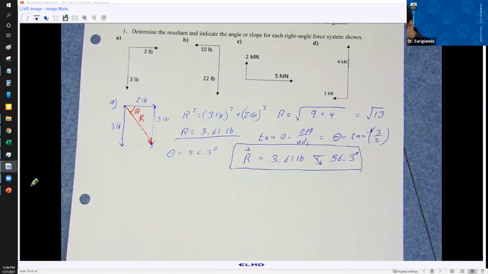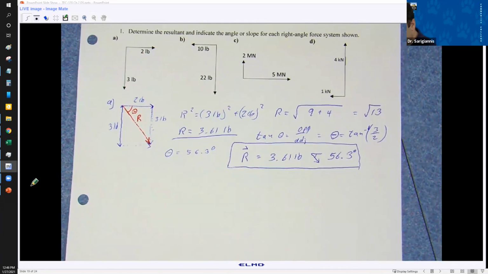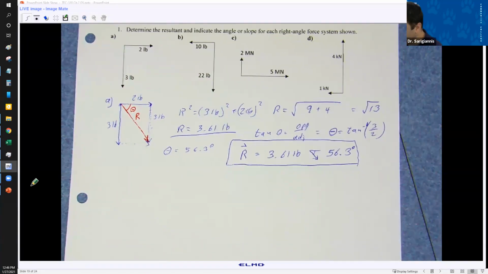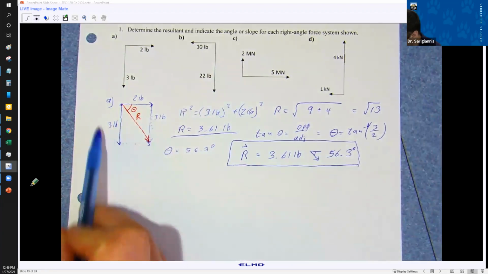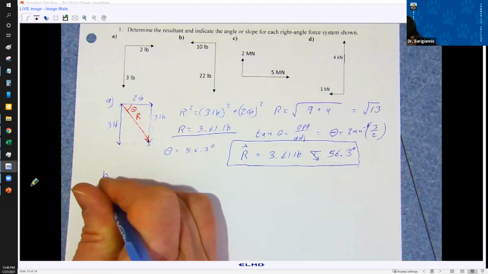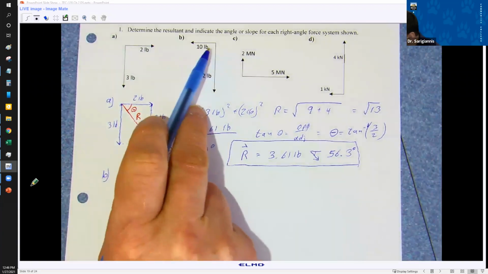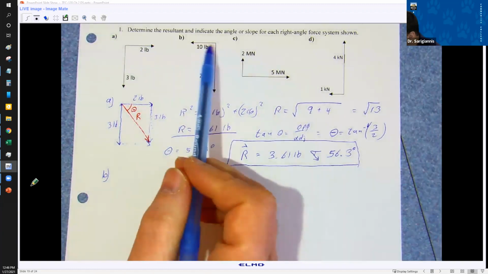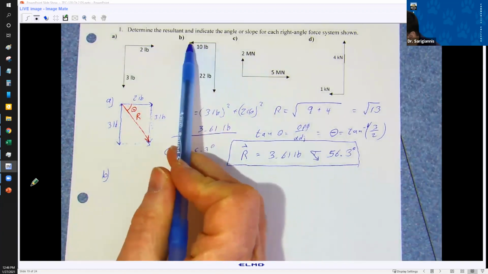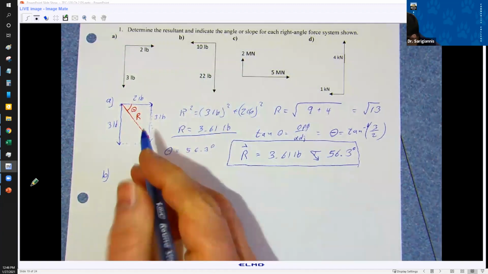All right, the next ones, once you do one, the rest fall into place here. I'm going to redraw B, just probably how I should have redrawn A. So B has got these two forces acting at a point, and you can say this one's acting to the left at 10 pounds, this one's acting down at 22 pounds.